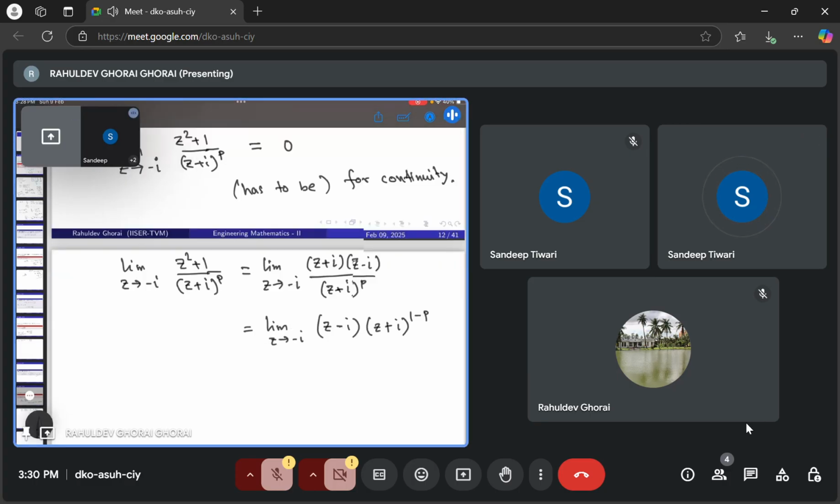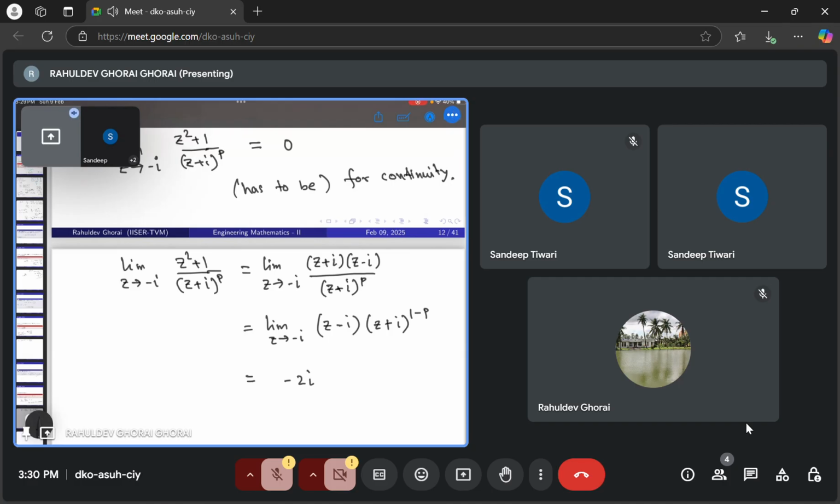Yes, sir. Now this will be equal to minus 2i times 0 if 1 minus p is greater than 0. Right? 1 minus p is anything which is greater than 0, not equal to. If equal to 0, then z minus i will be only minus 2i and this one will be 1.